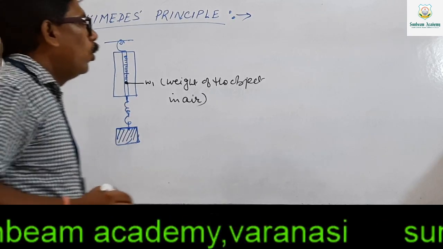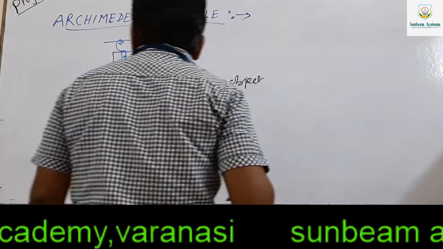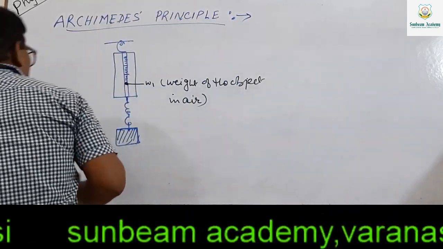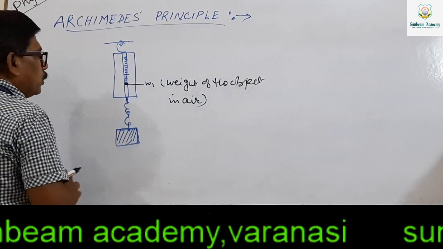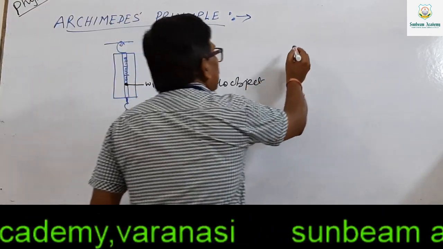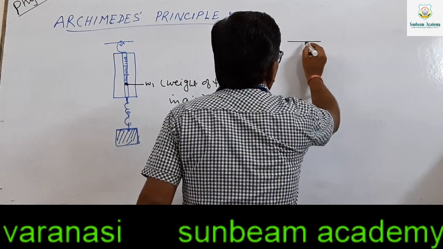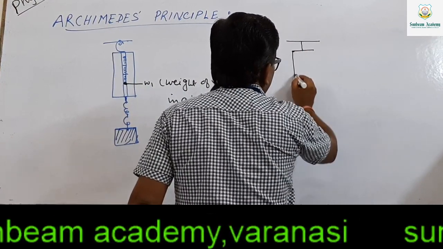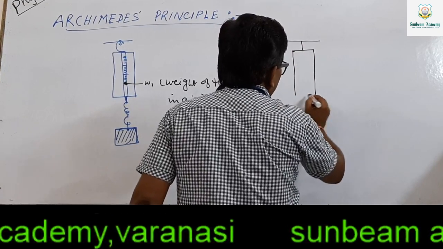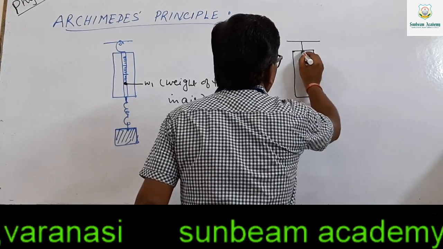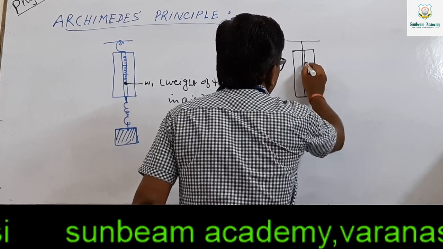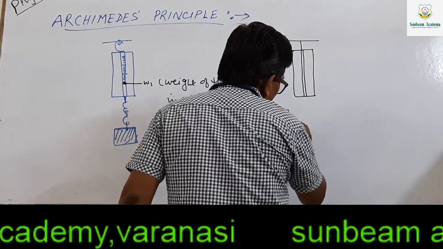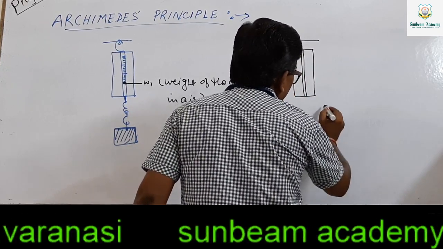Now again, you put this whole setup of the spring balance, along with the spring balance, in this way. You take the overflow can also.